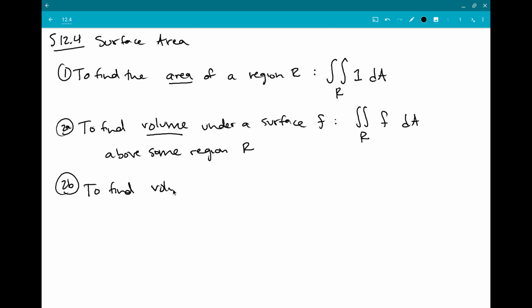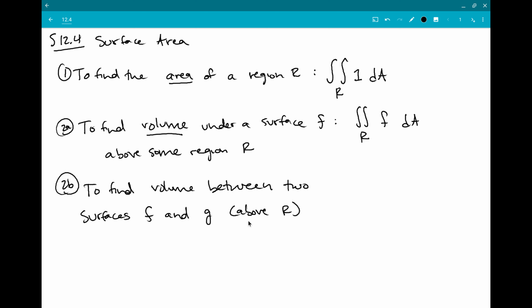Or to find volume between two surfaces F and G above R, which is usually the region of intersection of the two surfaces, then you take a triple integral that starts at G and ends at F of 1.